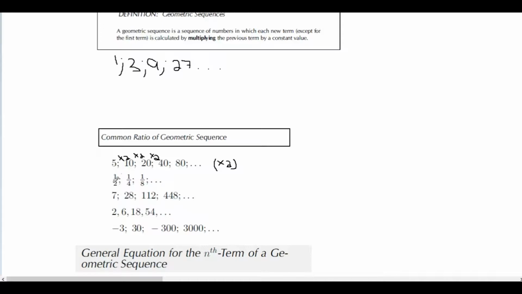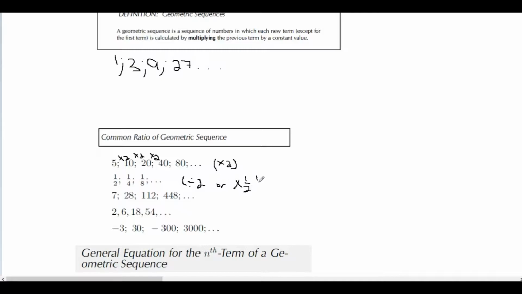To get from a half to a quarter, what do you think we did? We simply multiplied it by 1 over 2 as well, because multiplying by a half or dividing by 2 is the same thing. You can say divide by 2 or multiply by a half.